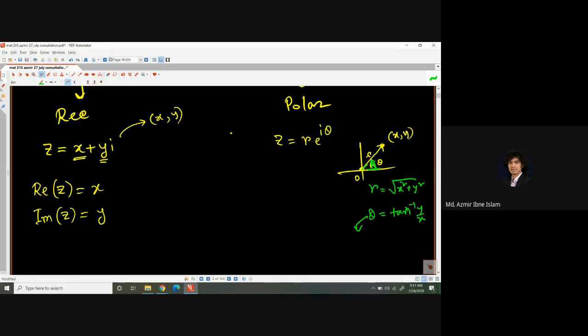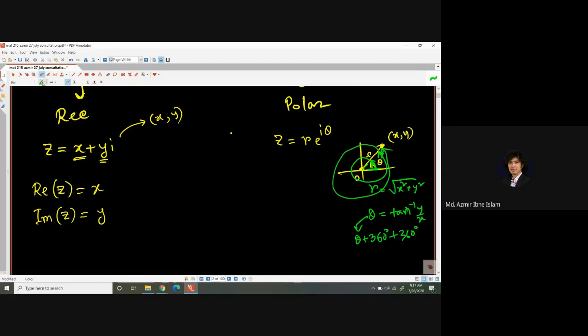If we extend our idea and come counterclockwise, that means if we add 360 degrees to theta, we will get the same point. Again the same thing for this: we can add 360 degrees again. So this is a continuous process.